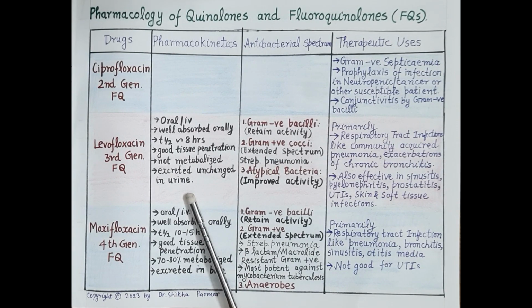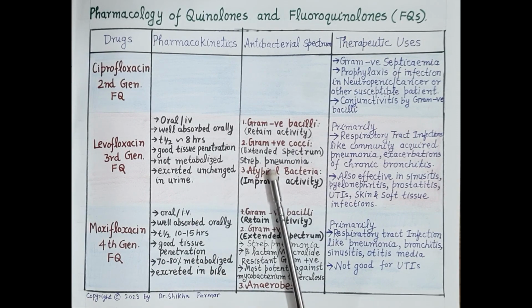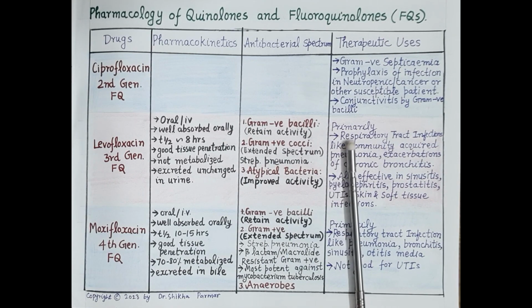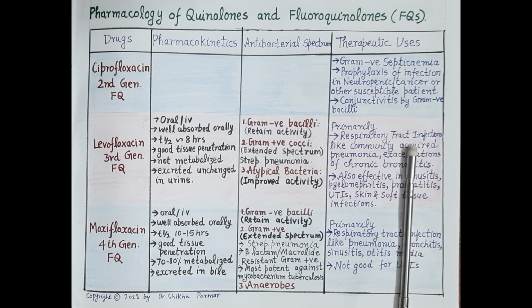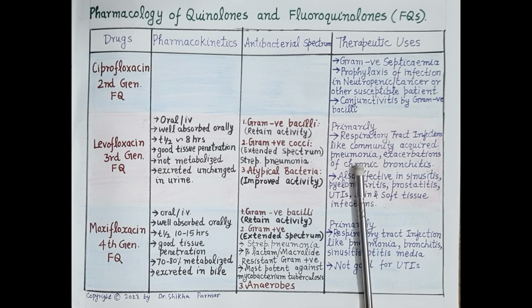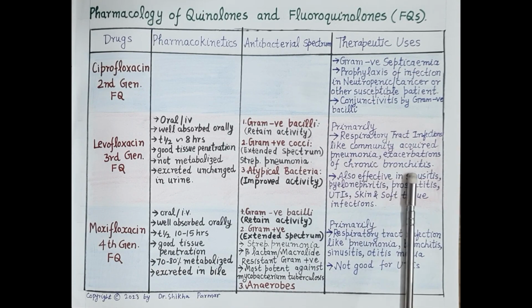Now, as already discussed, levofloxacin is very effective against resistant gram-positive bacteria like Streptococcus pneumonia. It is also effective against atypical bacteria like Mycoplasma pneumonia, Chlamydia pneumonia, and therefore levofloxacin is primarily used in the treatment of respiratory tract infections like community acquired pneumonia, then exacerbations of chronic bronchitis.